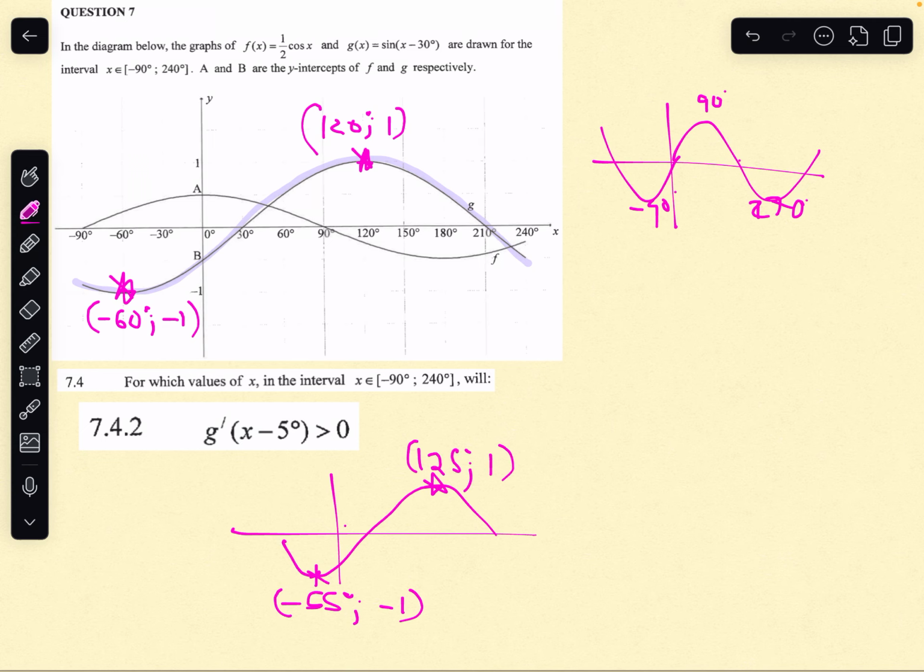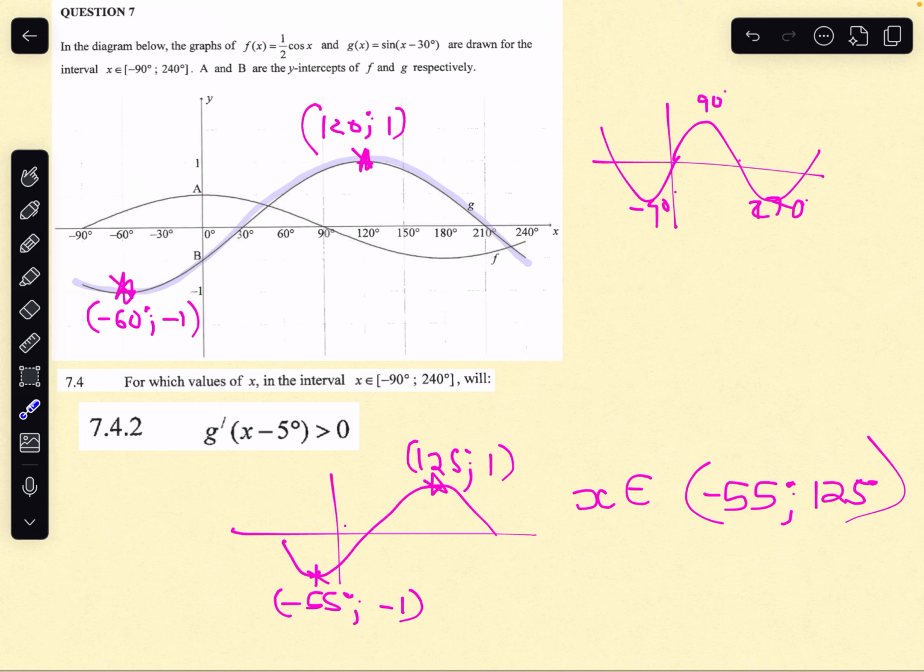So the gradient of this new graph would be positive when x is between negative 55 and 125. I think we don't include them because the gradient at the turning points is exactly 0, and we're looking for where the gradient is greater than 0.